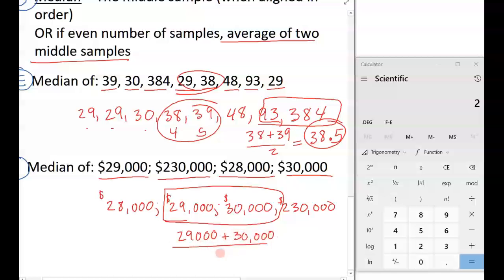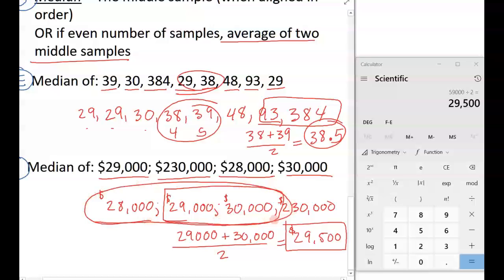There's two numbers there, so we're going to divide by 2. 29,000 plus 30,000 equals, want to find that subtotal, then divided by 2 is 29,500. So we see how this median salary of 29,500, that is a pretty close reflection to 3 of these 4 salaries and is not overly skewed by this executive making 230,000.